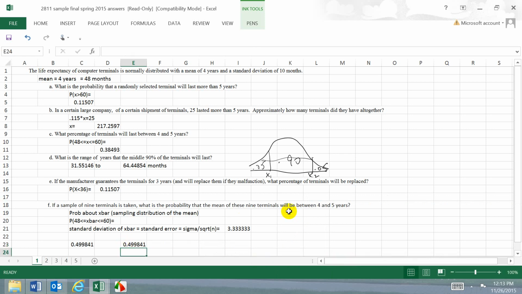We did the same calculation as before, but we calculated the standard error right in the norm dist function.